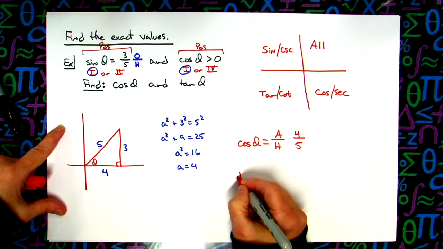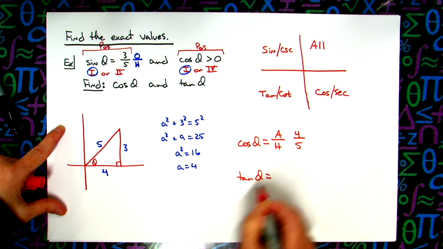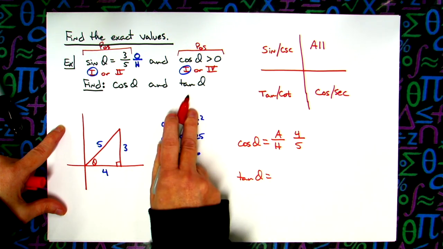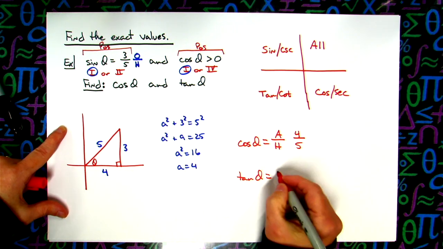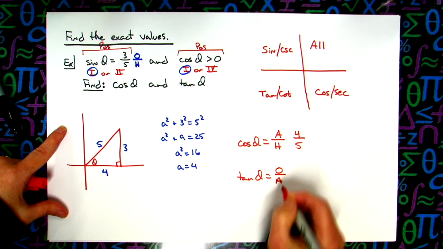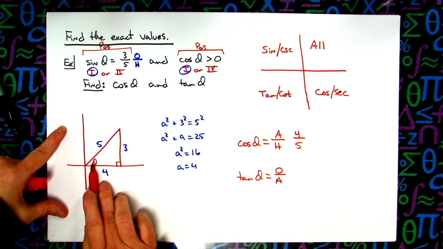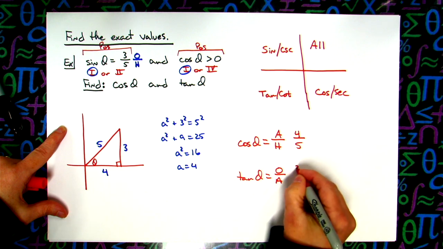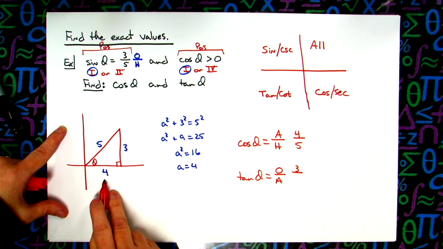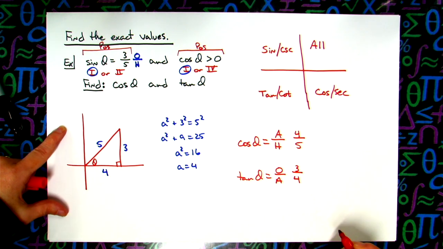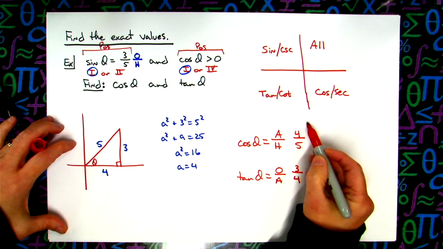I'm going to do the same thing for my tangent value. Tangent, by the right triangle trig definition, is opposite over adjacent. So here's my theta. My opposite side is 3. My adjacent side is 4. So tangent of theta is 3/4.